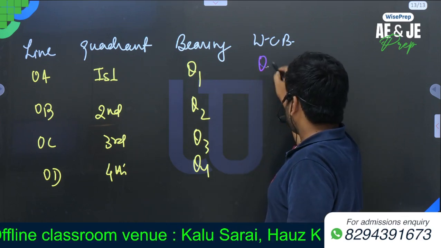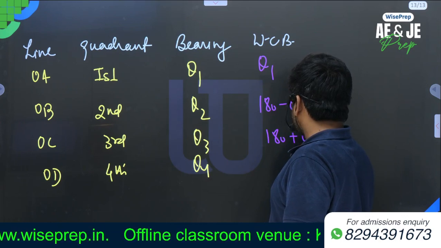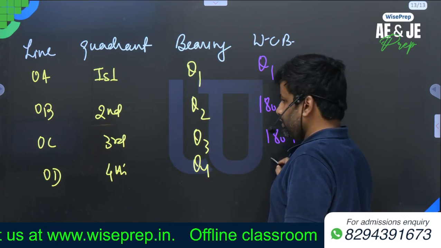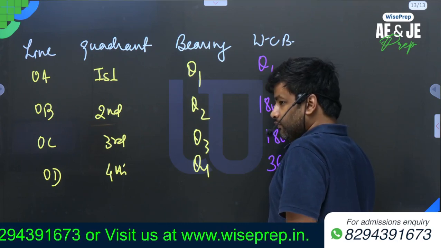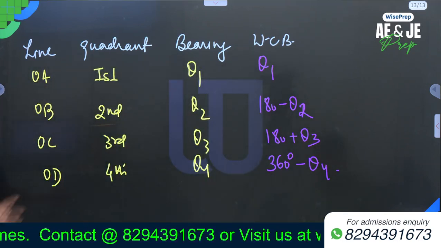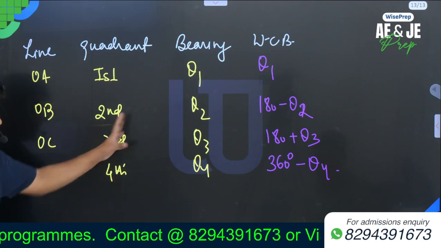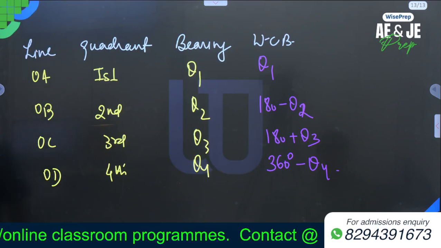So obviously theta 1 is the same, 180 minus theta 2, 180 plus theta 3, or 360 degrees minus theta 4. Written? Whatever I have dictated here, I have summarized in the table. Okay, write down.